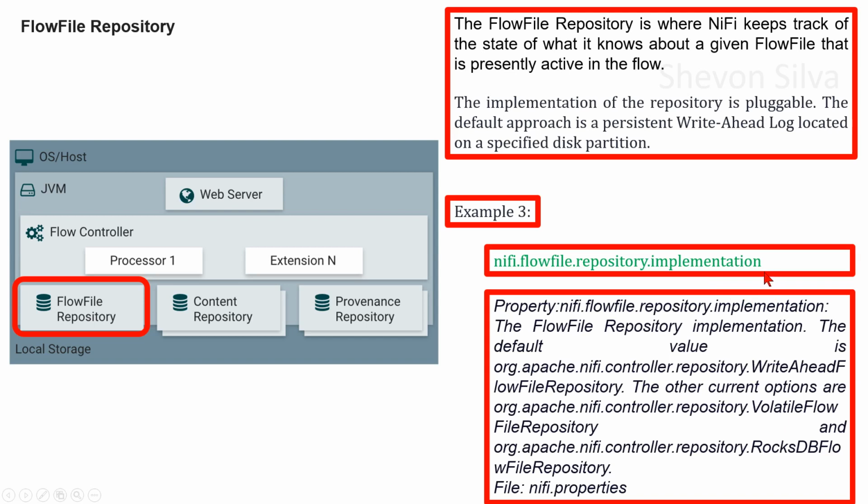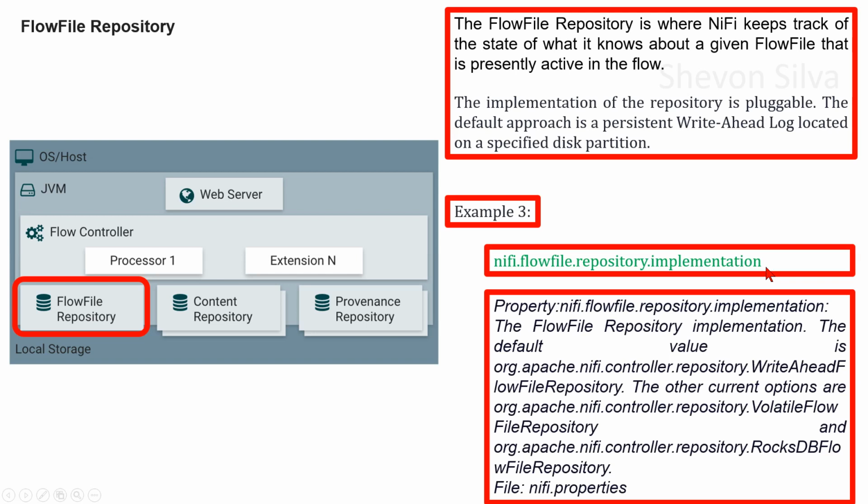As an example 3, we can consider the property nifi.flowfile.repository.implementation. This is the flow file repository implementation. The default value is org.apache.nifi.controller.repository.WriteAheadFlowFileRepository.